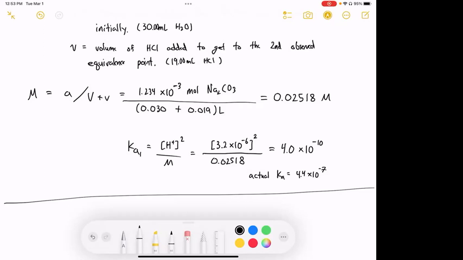Since carbonate equals carbonic acid, I think they, oh, I see what they did.